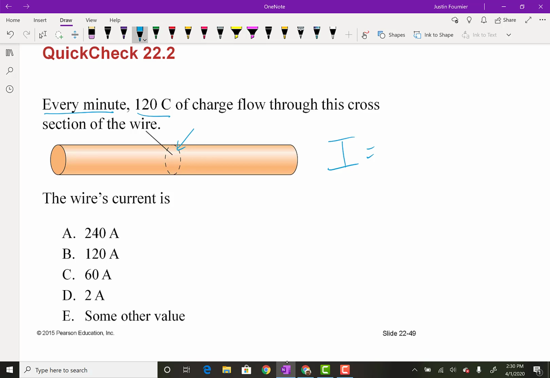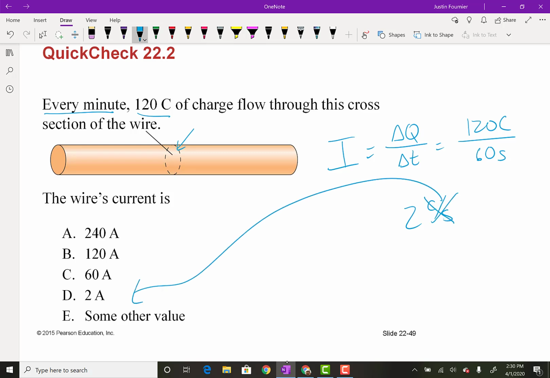Okay, here we go. So, well, it's the amount of charge divided by the change in time. So the amount of charge they're saying is 120 coulombs divided by the minute. Well, there's 60 seconds in a minute. And that's going to give me 2 coulombs per second. But again, nobody uses coulombs per second. We use amps. So our answer is D.